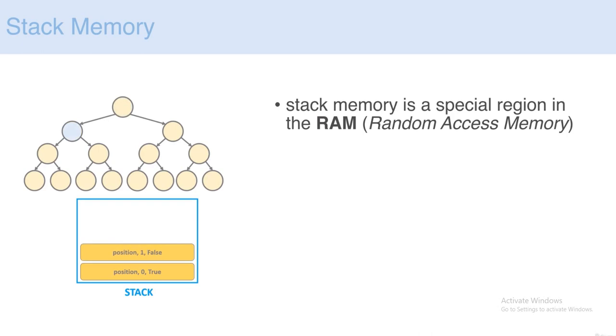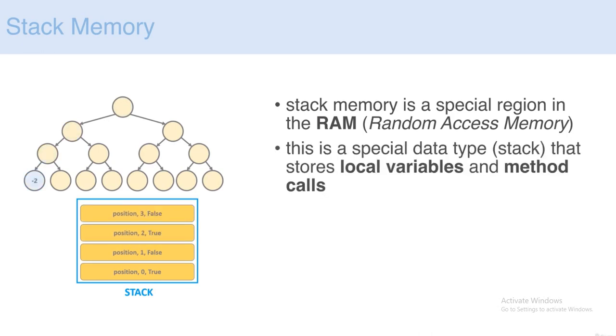The stack memory is a special region in the random access memory. What's crucial is that it is a special data type, essentially a stack abstract data type. This is why it is connected to the stack abstract data type that we are talking about. And it stores local variables as well as method calls.